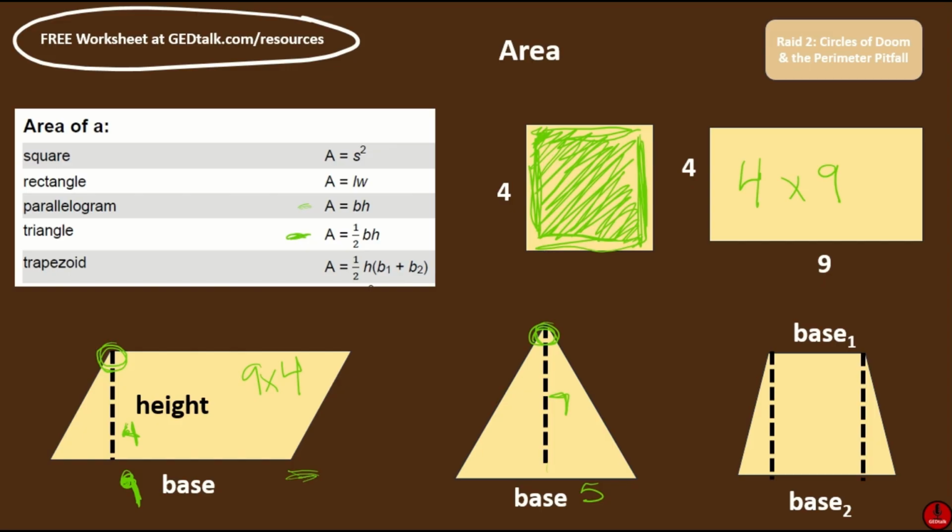But once again, the height is measuring from that vertex, that top point that the shape goes to, all the way down to the base. So we would have 1 over 2 times 7 times 5. And if you're like, is it okay if I do height times base? Yes, as long as you remember that you need to include the fraction 1/2.